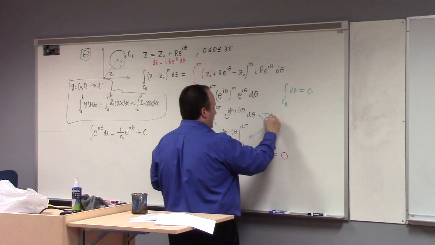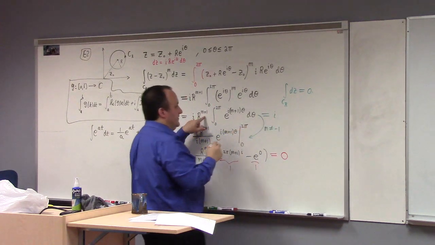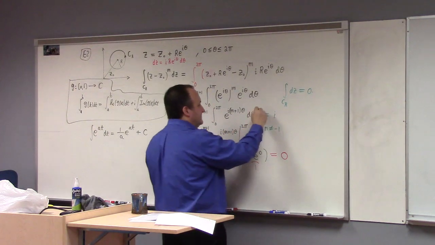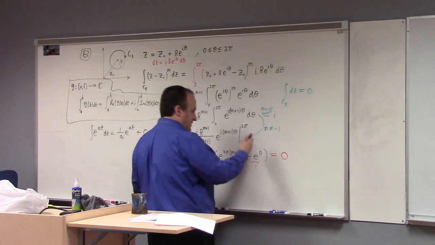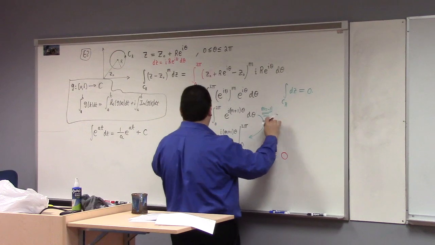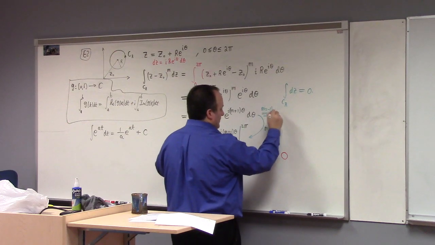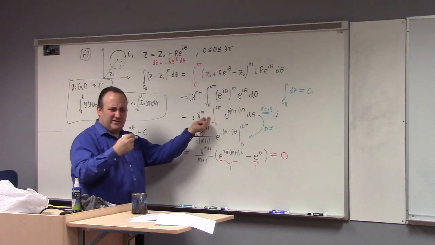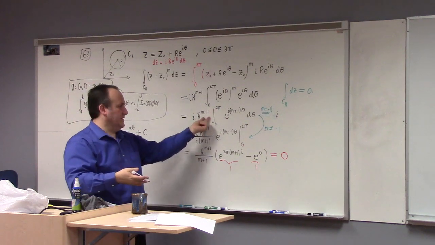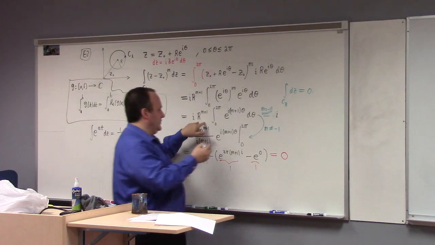So this would be the, i times... What happens when m is equal to minus 1? Let me do it in this color. So I get this i. m equals minus 1 means this is r to the 0, which is 1. So this front term goes away.